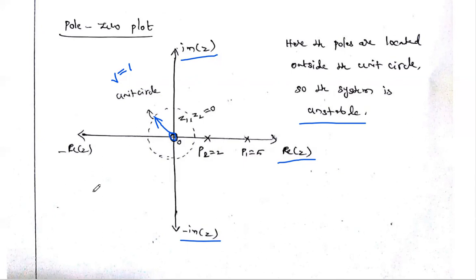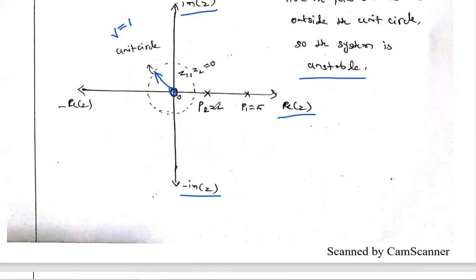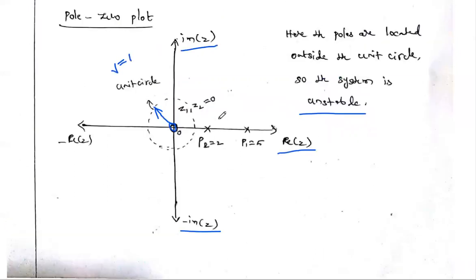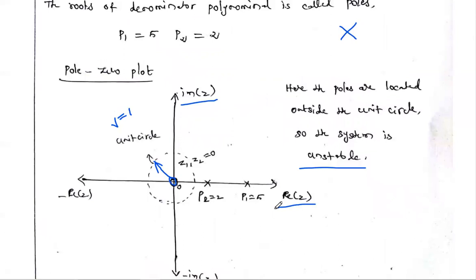This is one of the applications of the ROC property also. So from that we can say that the given system is an unstable system. If the two poles were located inside the unit circle, we would call it a stable system. But here pole 1 and pole 2 both have values greater than 1. That's why the system is said to be unstable.